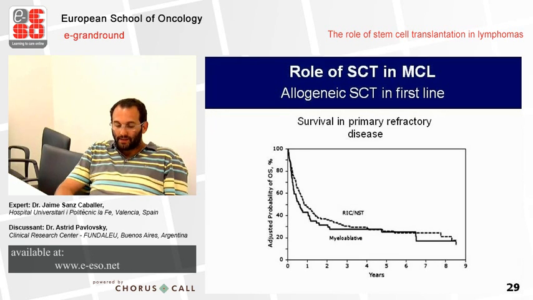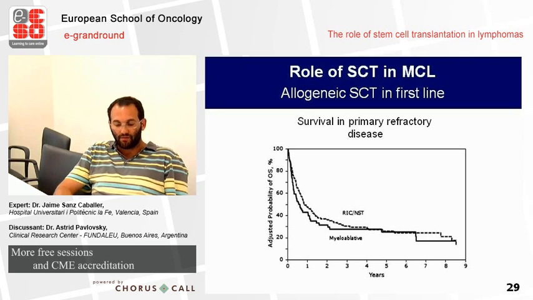Slide number 29, the role of allogeneic transplant in first-line mantle cell lymphoma. Adoptive immunotherapy in the form of allogeneic transplant is frequently considered for patients with relapsed chemosensitive mantle cell lymphoma. No prospective randomized data assessing the relative risks and benefits of upfront allo in mantle cell lymphoma versus auto or conventional induction therapies alone are available.